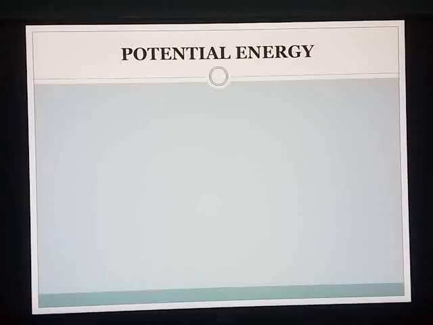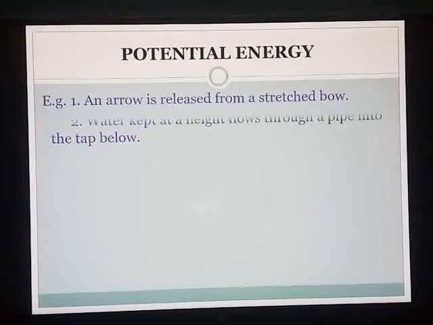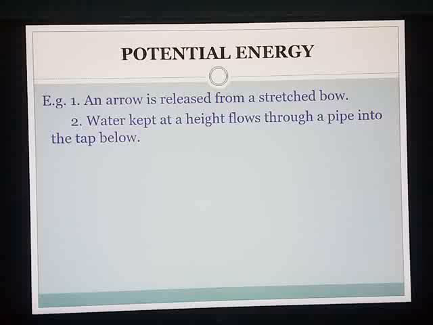We look at our first example, that is an arrow released from a stretched bow. Next, water kept at a height flows through a pipe into the tap below. Water is placed at a certain height. For example, you can take water which is stored in a dam.